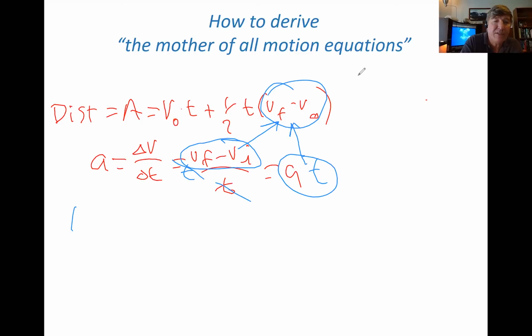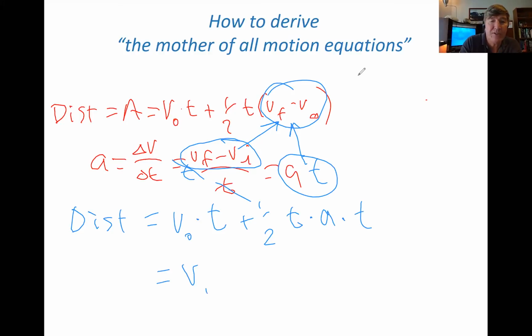So that means that my distance is equal to v initial times t plus 1/2 times t times a times t, which is equal to v initial t plus 1/2 a t squared. That is my distance. You guys good on that?